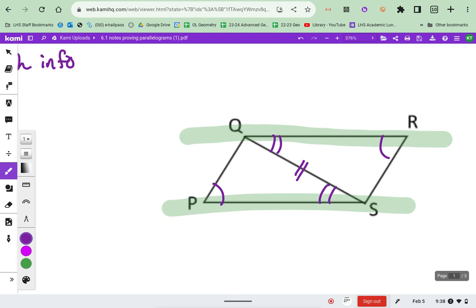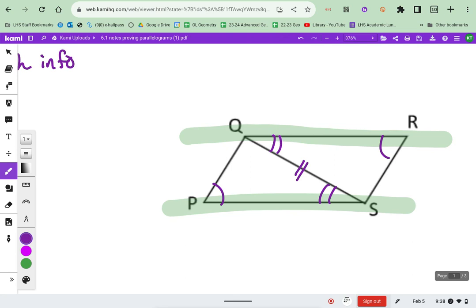We can mark those for sure. Anything else? Yeah, I don't necessarily see anything else either. Do you think this will be enough information to prove that we have a parallelogram? How could we use these pieces to prove that?